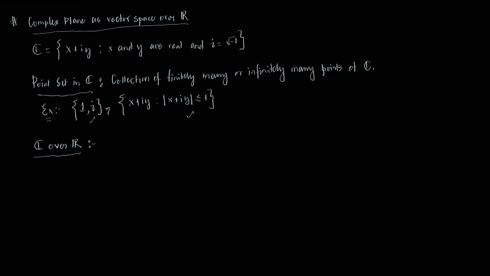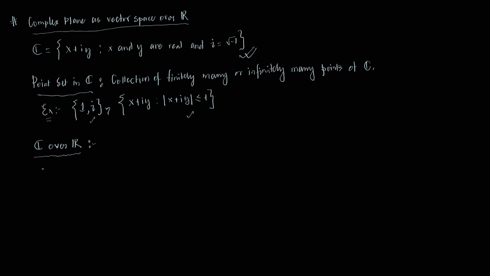This is a point set, and C also is a point set. Now, we want to look at this C as a vector space. If you don't know what a vector space is, please go back and look at your linear algebra if you have forgotten it. So C over R, we want to talk about that.